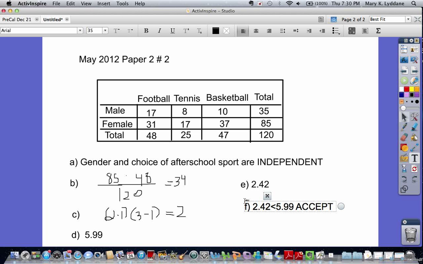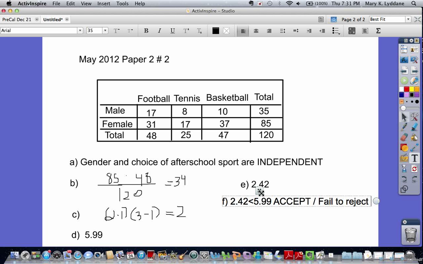If the chi-squared value that you calculated is less than that critical value that will be given to you in the problem, then that's when we accept, or fail to reject, which is the term I prefer, the null hypothesis. So those two variables are independent.